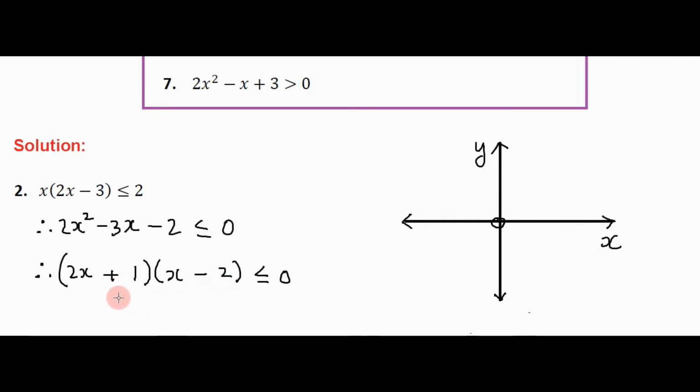And we get the roots by taking the contents of each of the two sets of brackets and making it equal to 0. So we'll say 2x plus 1 is 0, and then we'll solve for x to get negative a half. And here we'll say x minus 2 is equal to 0, and we'll get x equals positive 2. So the roots are negative a half and positive 2.